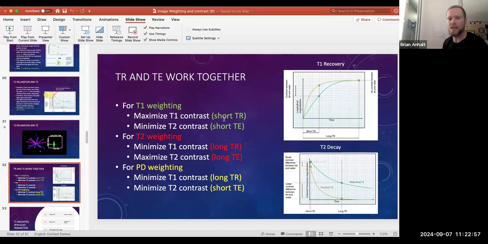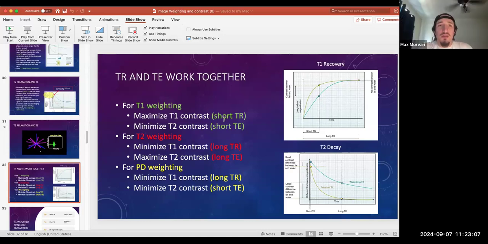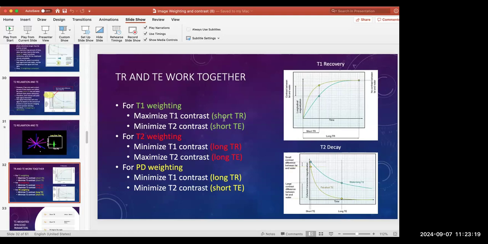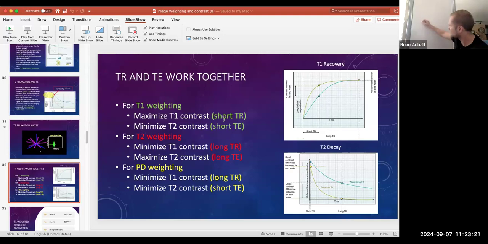What does the short TE do for us in a T1 weighted image? If you can answer that question, you're going to be doing well. It decreases the T1 contrast. Anyone else want to give it a shot? What does the short TE do for us in a T1 weighted image? First of all, what does TE control?